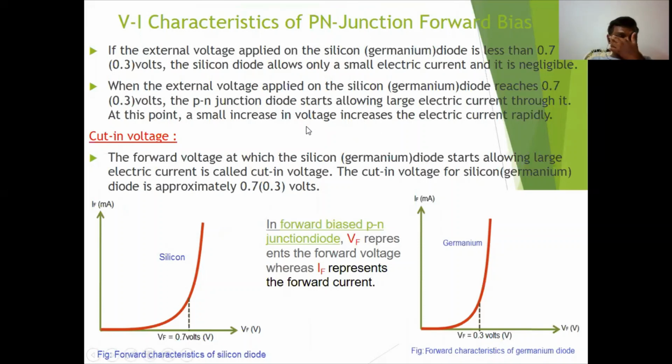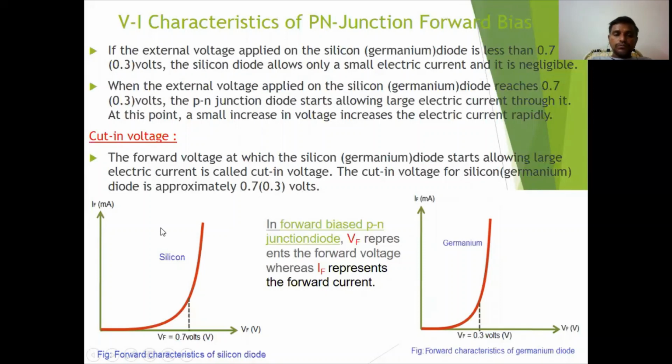We are going to discuss a very important definition, that is cut-in voltage. The forward voltage at which the silicon diode starts allowing a large electric current is called cut-in voltage. The cut-in voltage for silicon is 0.7 volts, and for germanium it is 0.3 volts.